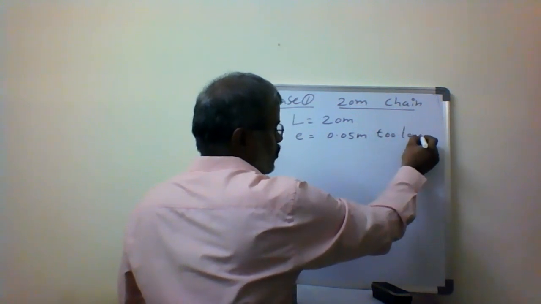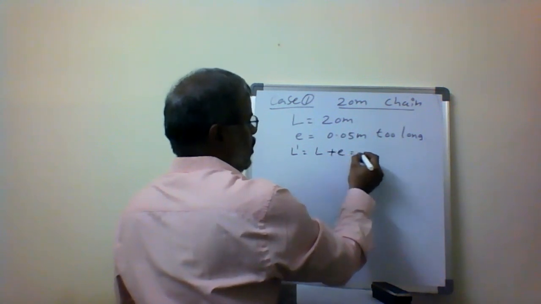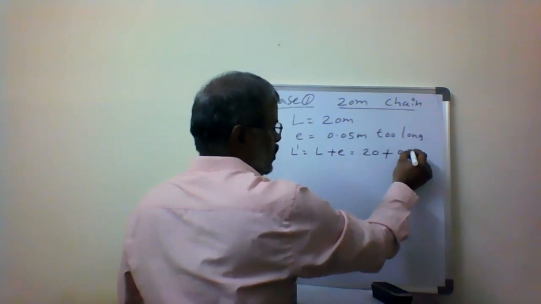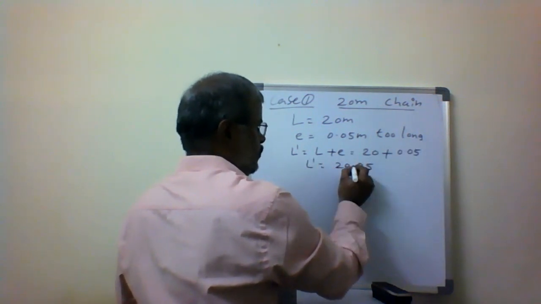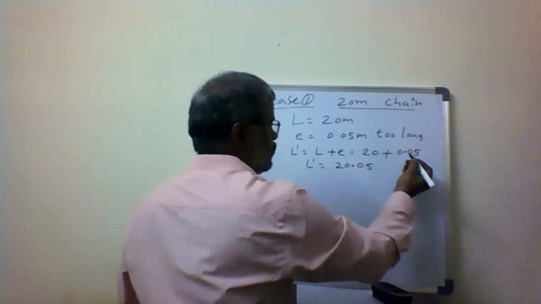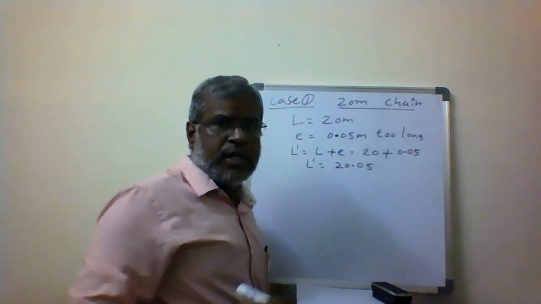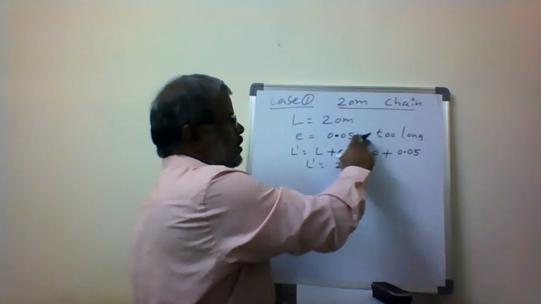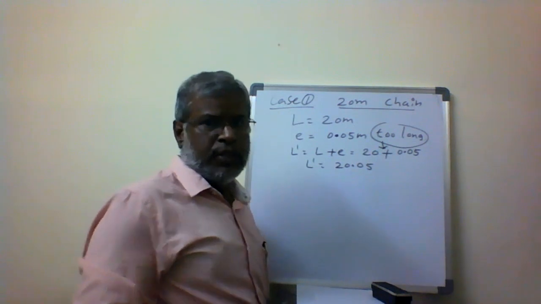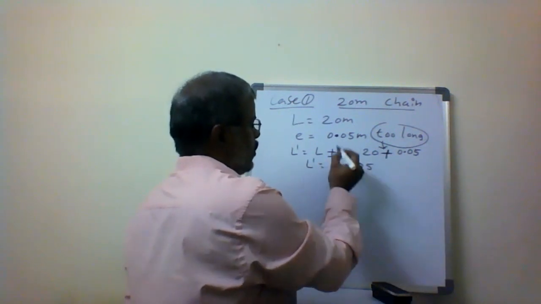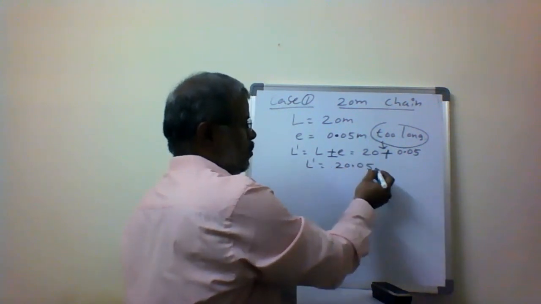It's too long, so L dash equals L plus C. L is 20, and the correction is 0.05, so L dash equals 20.05. Since it is too long, the correction is positive. That's why we use L dash equals L plus or minus C: L dash equals 20 plus 0.05.